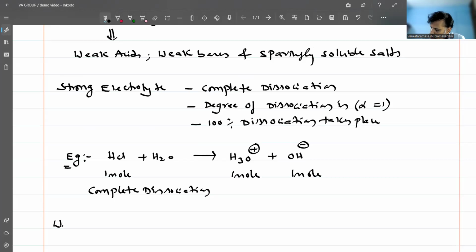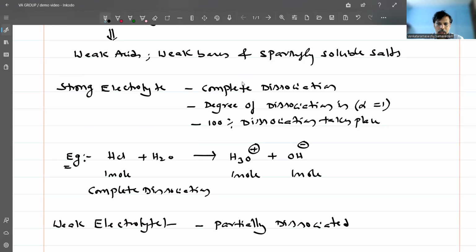But if you take weak electrolytes, they are generally partially ionized or partially dissociated.